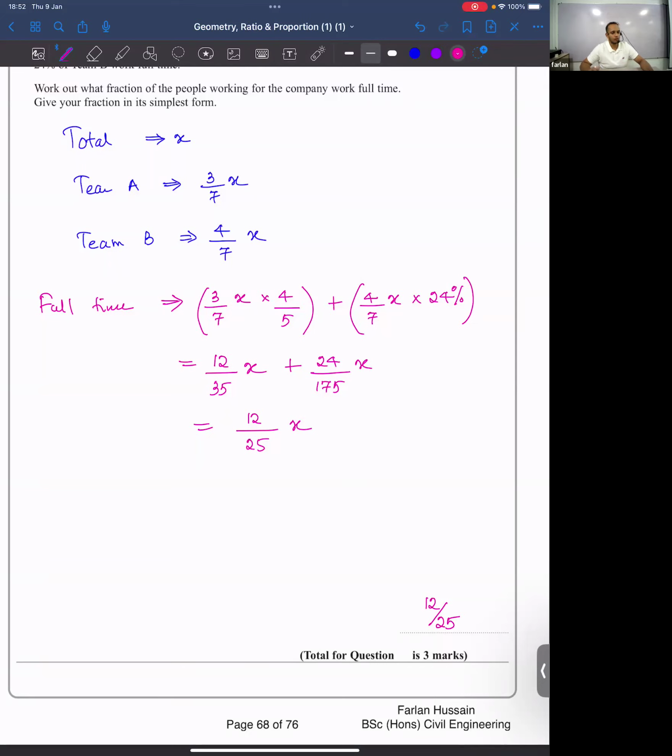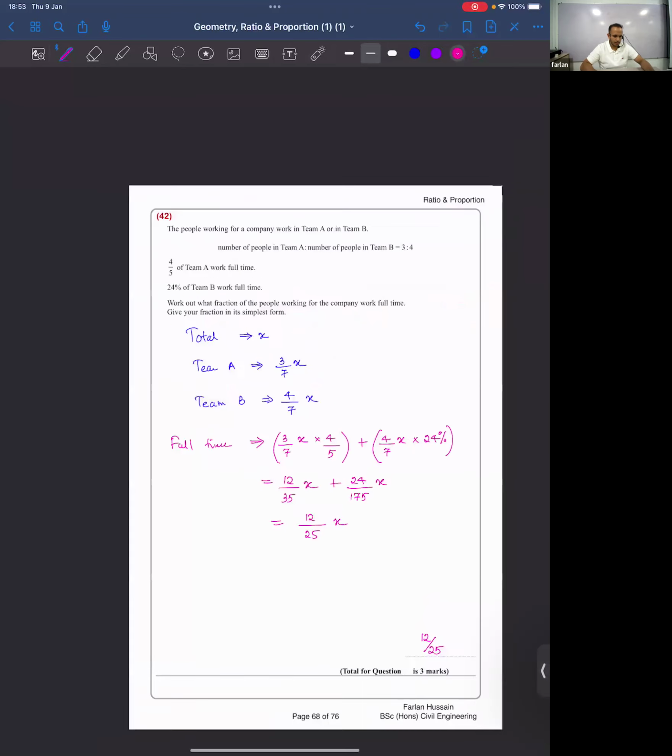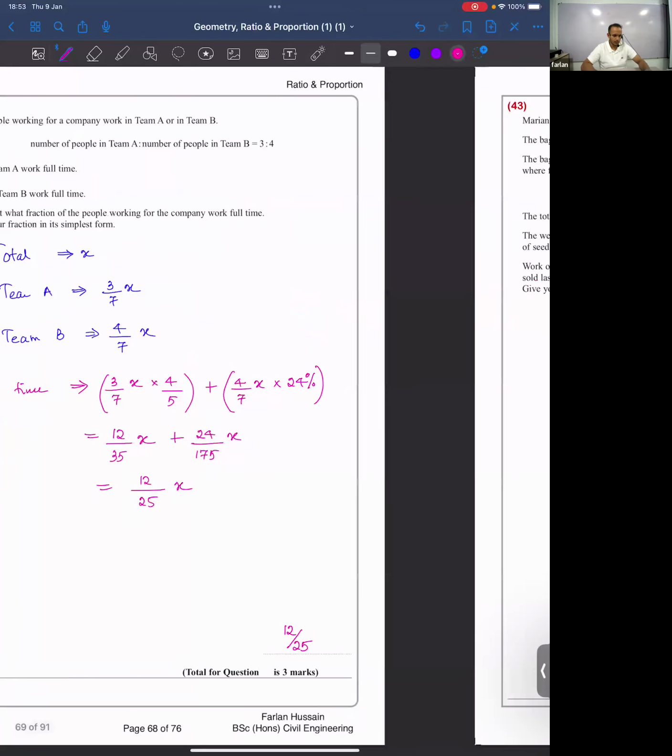Understood? From the total number of people, 12 over 25 is working full-time. Okay? Got this answer? No problem. Right. Try the next one, 43rd.